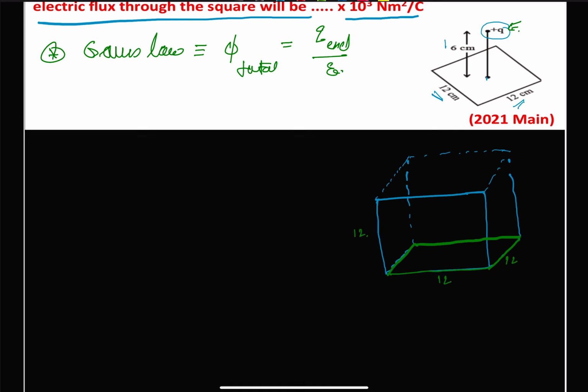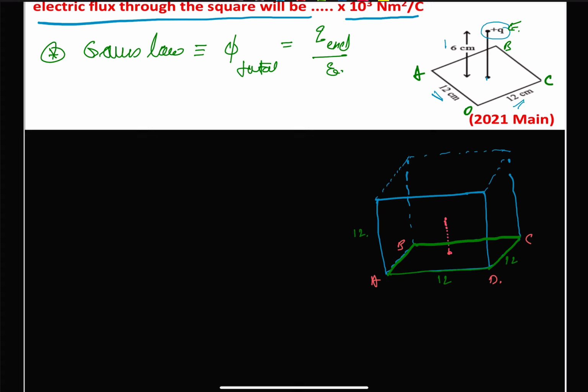Let me name this A, B, C and D. From the center we have the charge placed at a distance of 6 centimeters.